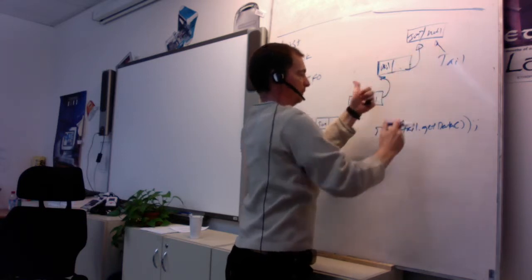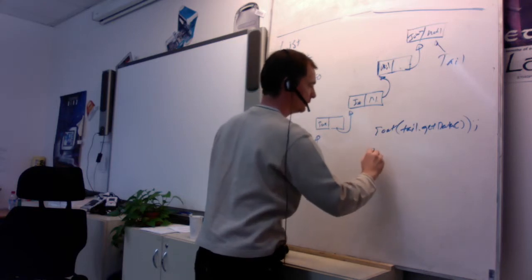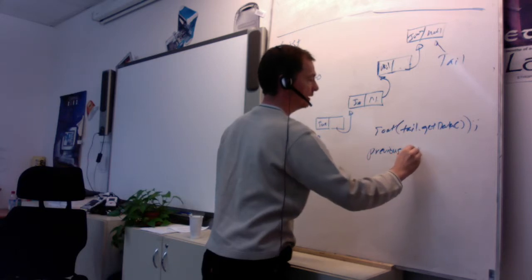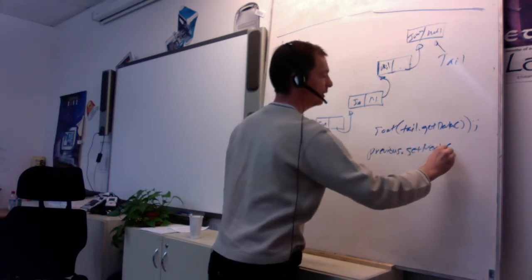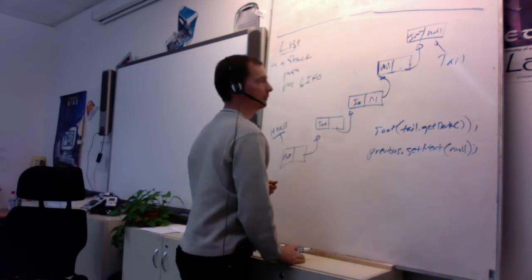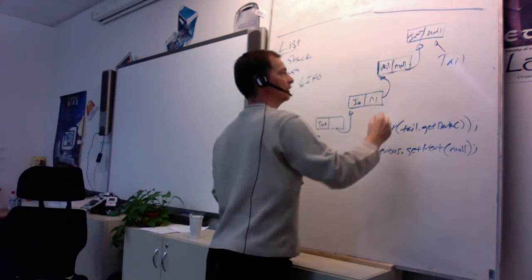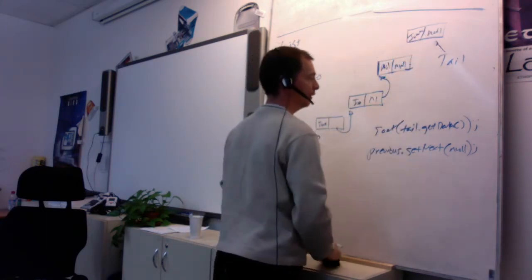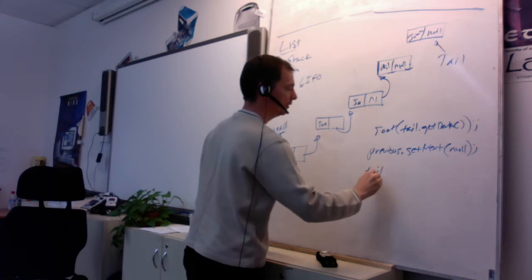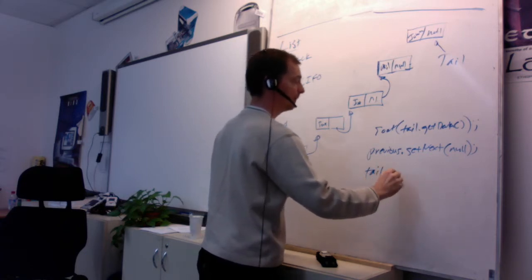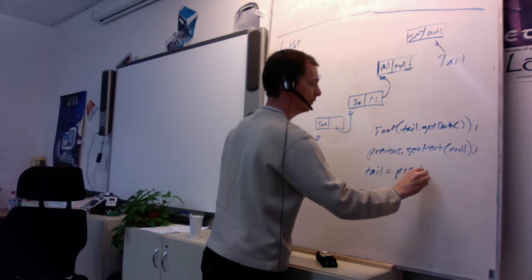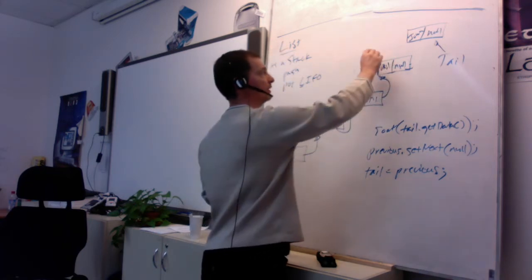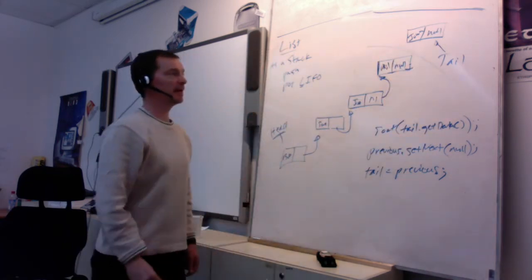So we're going to go previous node dot set next to be null. And that's it. Because if this is null, we no longer have access to this. This is orphaned. Oh, and then we need to set the tail. So tail, in terms of coding, becomes previous, the node called previous. So effectively we have cut off the last one that was added.